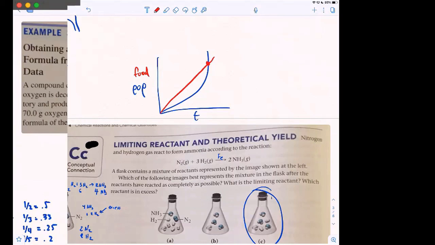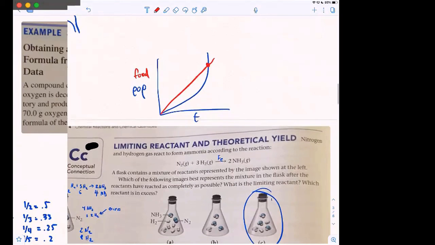And if you look at human history, population versus time, it kind of looks like this. And right about here is about the year 1900.